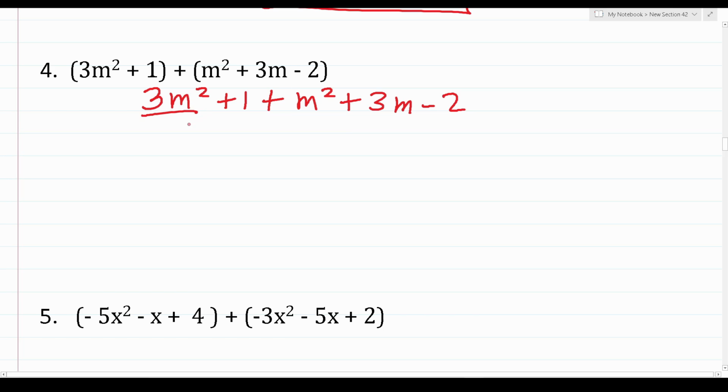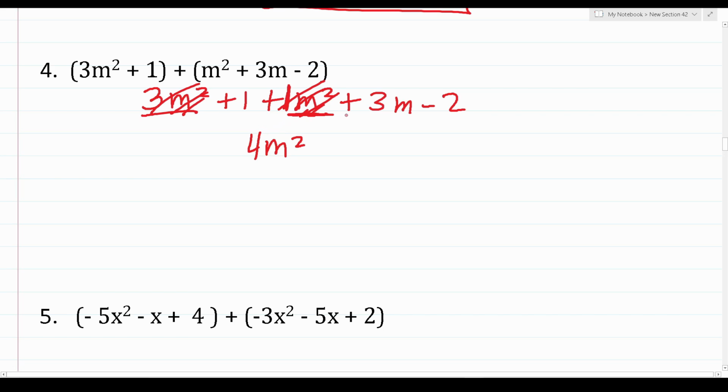If we start right here, we can see that we have the letter variable m raised to the second power, and we can see that we have its like term right here. Again, letter variable m raised to the same power. And if it's helpful, you can imagine there's a 1 there. So 3m squared plus 1m squared would be 4m squared. We'll cross that out there.